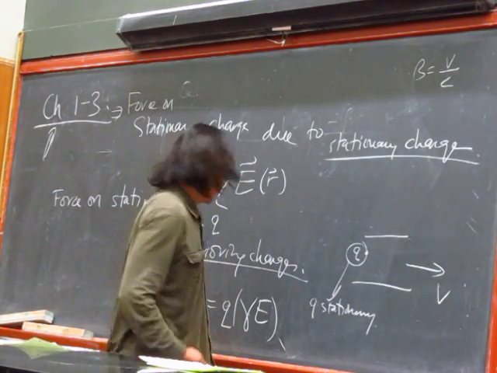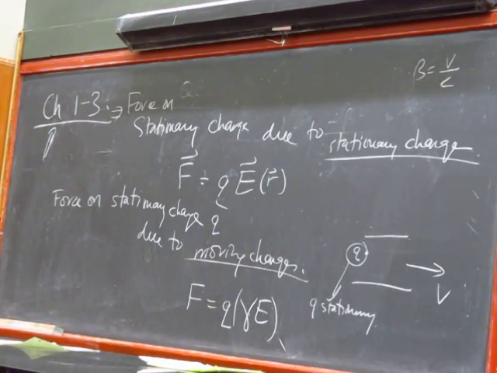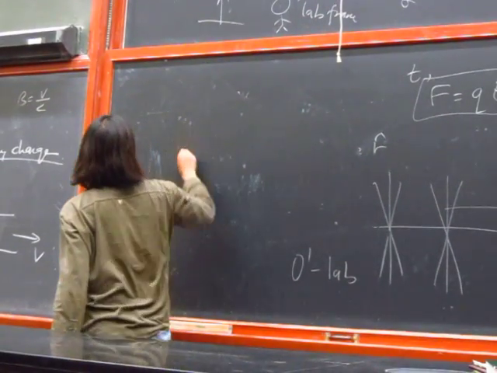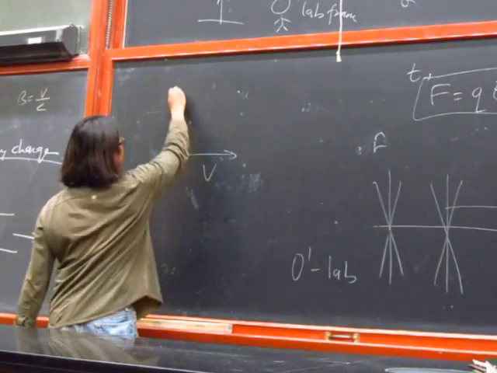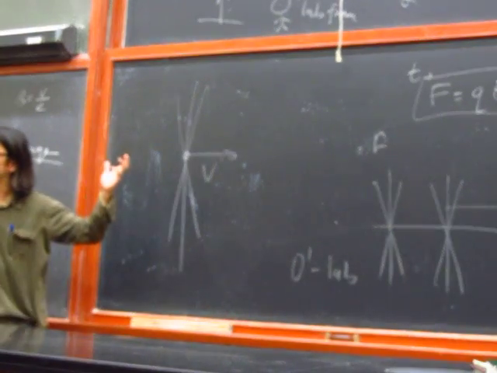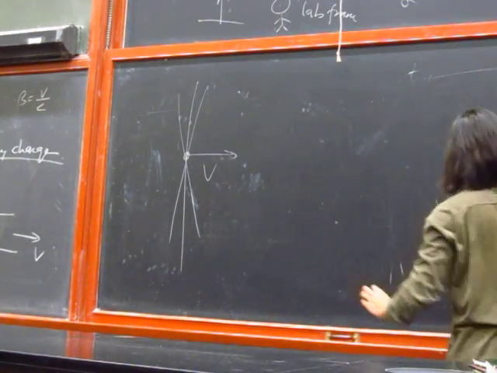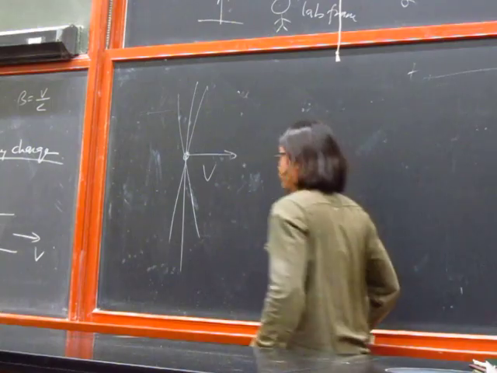Similarly, in the case of a moving charge, same thing: you have a field that looks like this, and then you can calculate the force. But how about the other way around? That's the next one I want to look at.